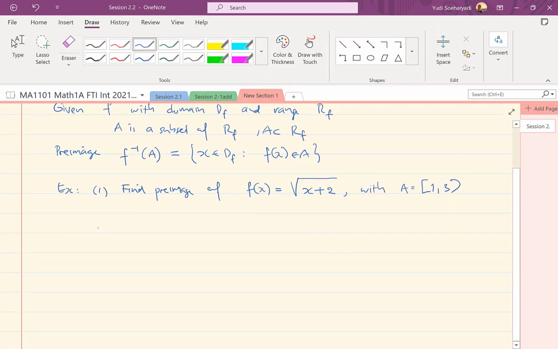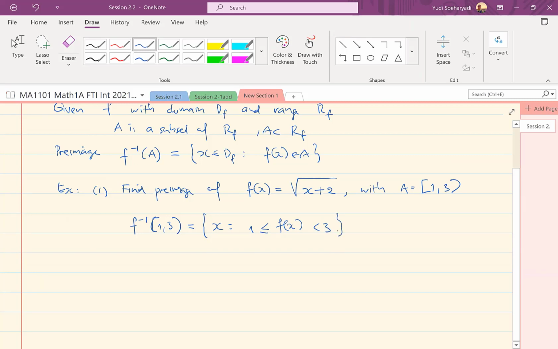All right, so what we are looking for is this one. Okay, so what is this? This is all x such that the function belongs to A. That means f(x) is between 1 and 3.